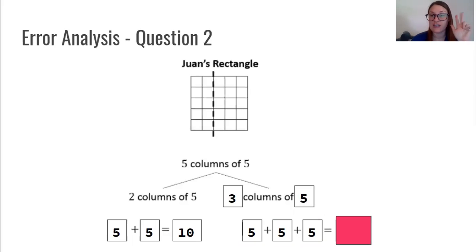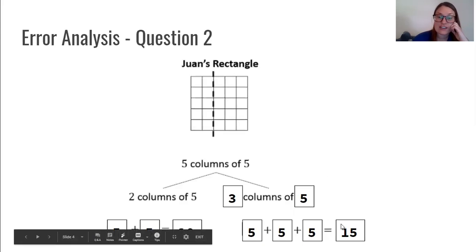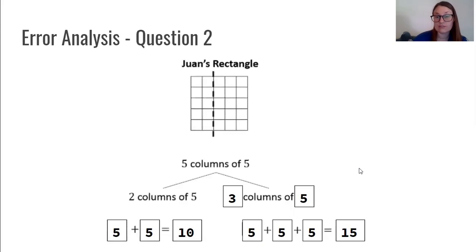5, 10, 15. Okay? Now, if we wanted to, we could add up 10 and 15 to find out how many squares are in this array total, or we could skip count. The first column is 5, 10, 15, 20, 25.